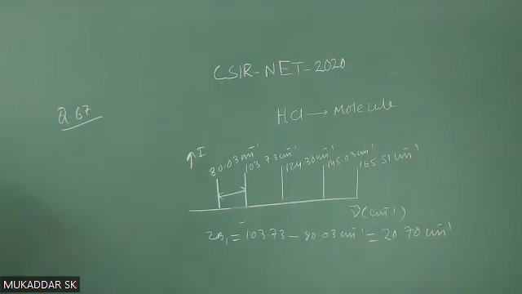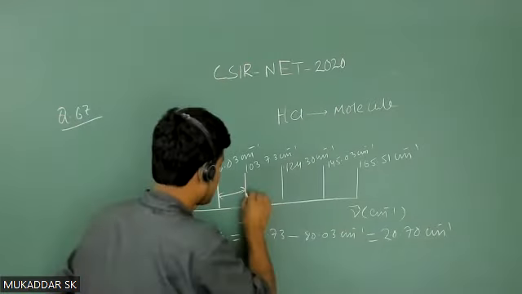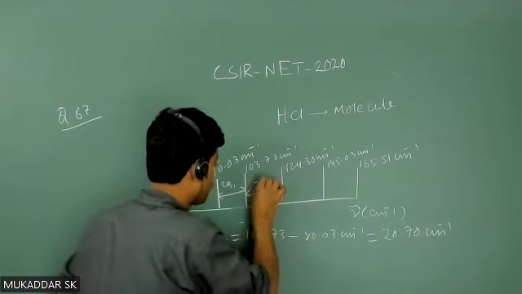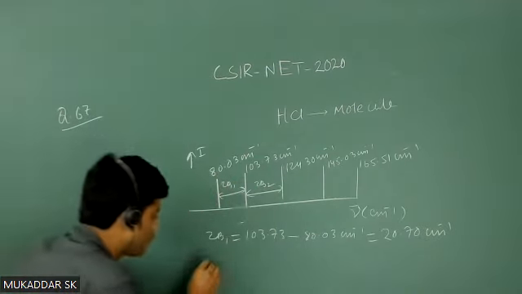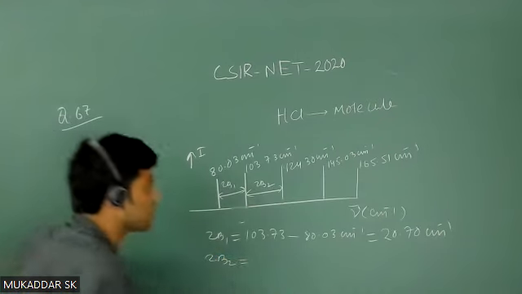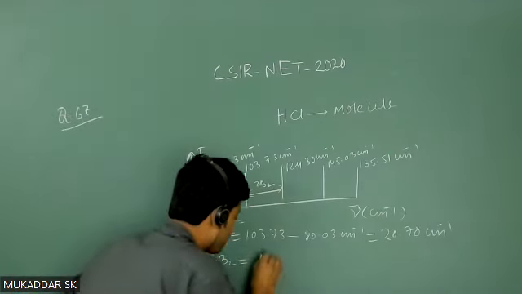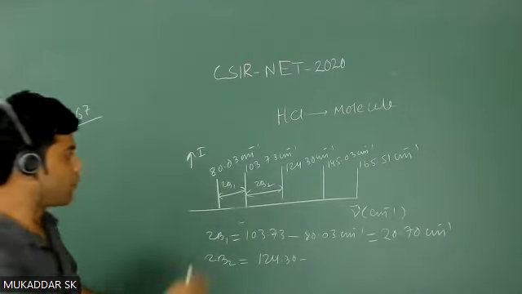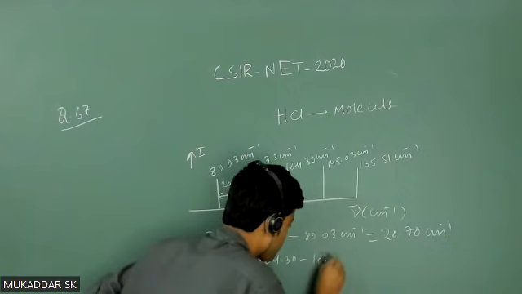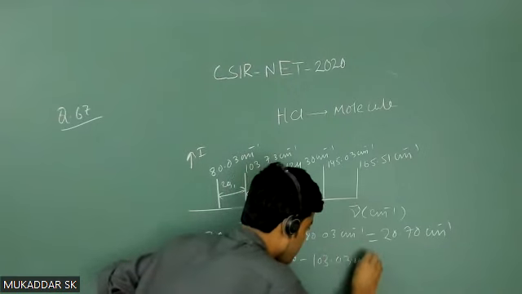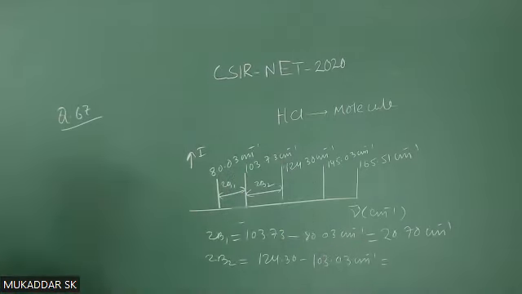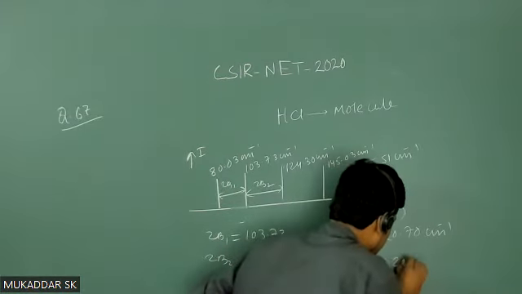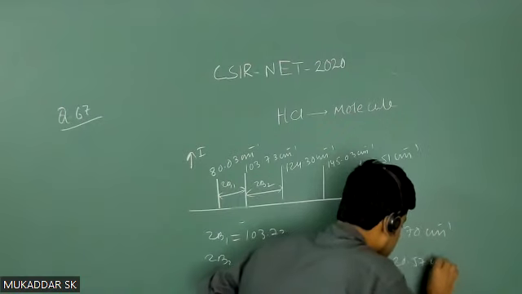Then next, the separation between these two lines is your 2B2. 2B2 will be nothing but the position of this line, 124.30, minus the position of this line, 103.73 centimeter inverse. If you calculate this number, you will get this separation as 20.57 centimeter inverse.